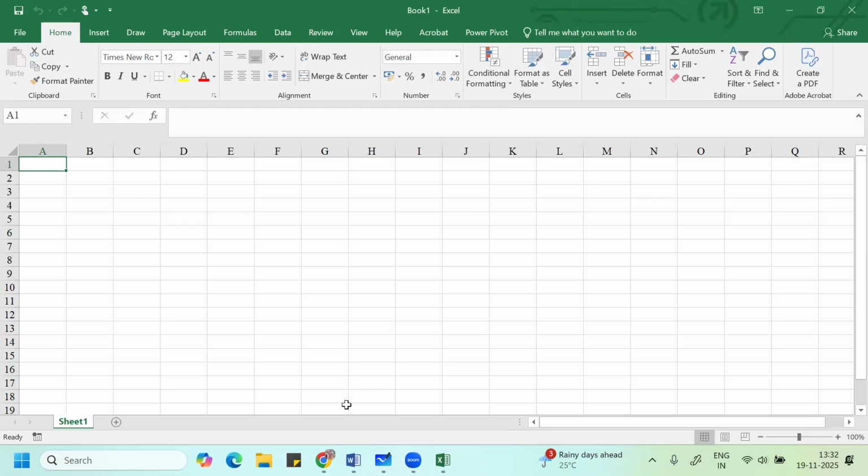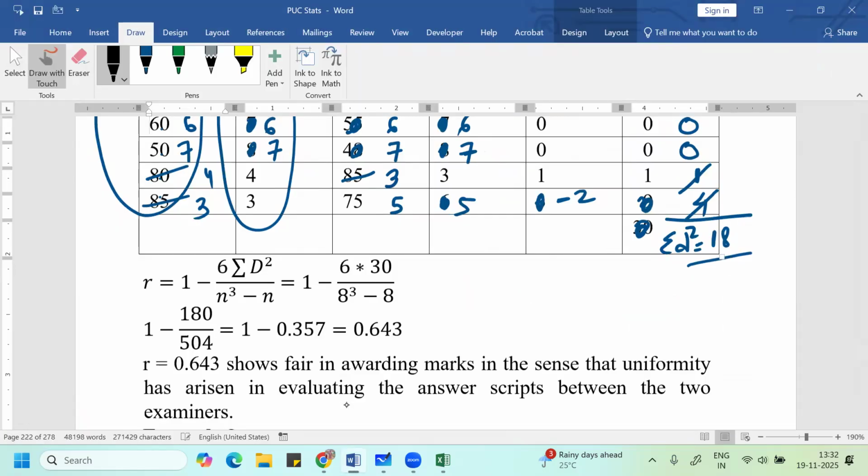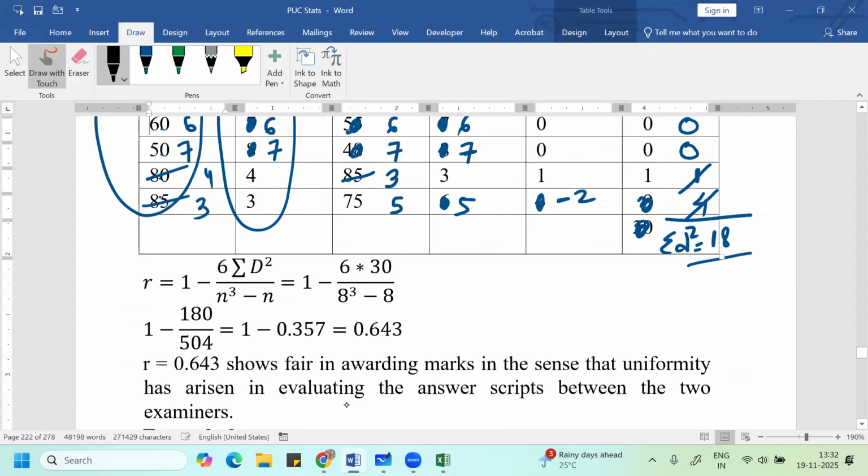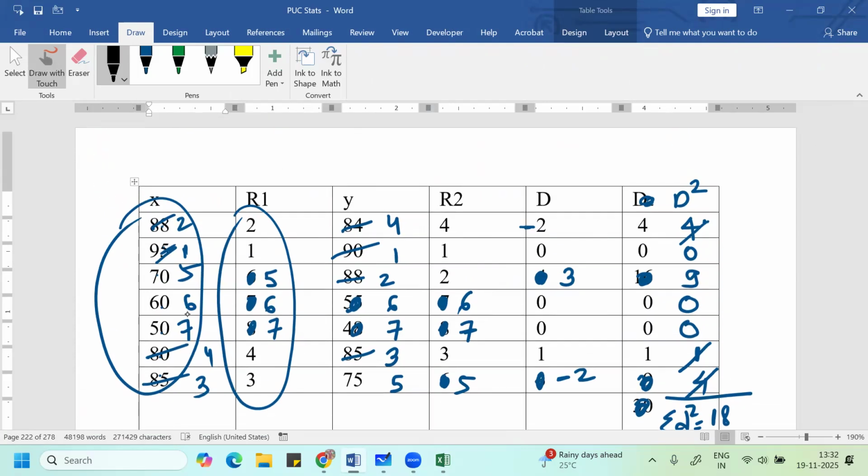The d square sum is 18. So what you need is 6 into the sum of d square. 18 into 6 is 108. Then n is 7, if I'm not wrong.